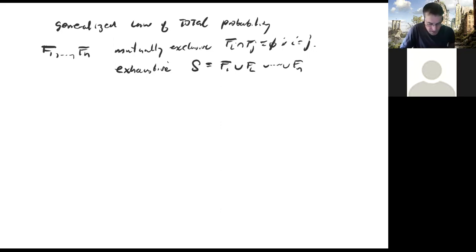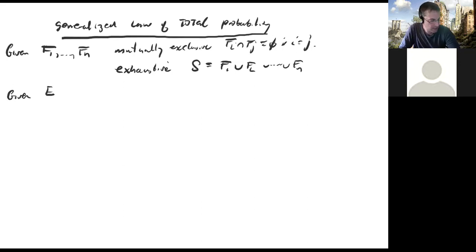Okay, so under these conditions, suppose we're given a bunch of F's, and then we're given an event E. And the first statement that I want to make, and this is the generalized law of total probability, is that the probability of E is given by a sum.